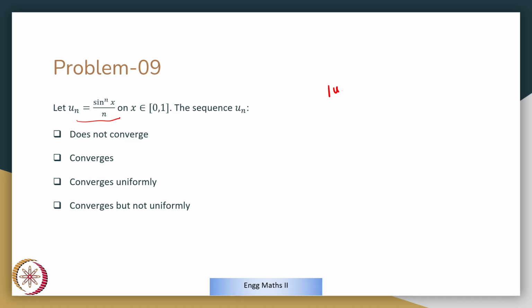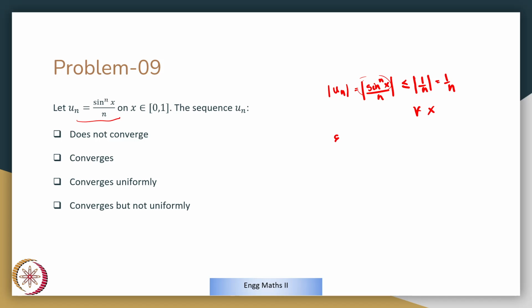You can quickly note that the modulus of un, which is nothing but the nth power of sine x by n, will always be less than or equal to 1 by n, because the modulus of sine of x is always less than or equal to 1. So this is true for all x actually.